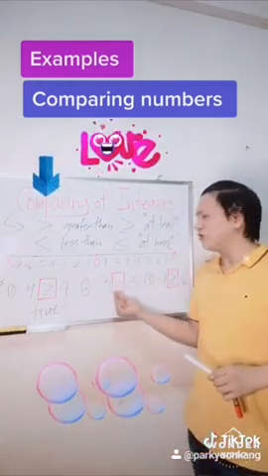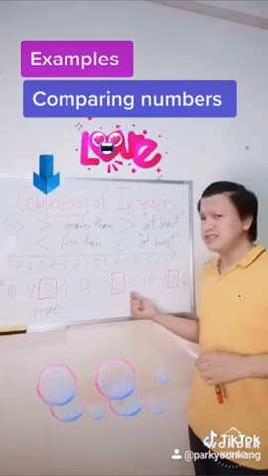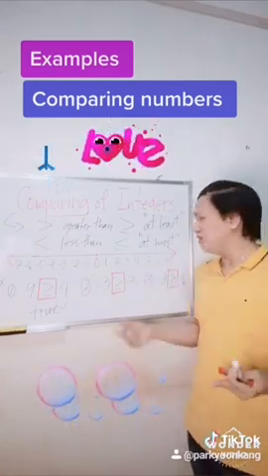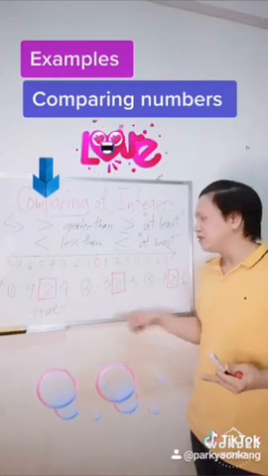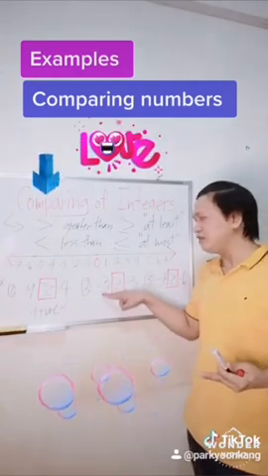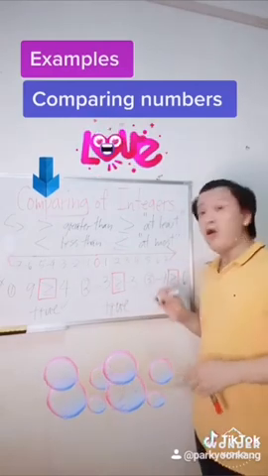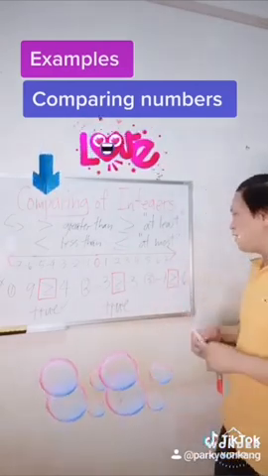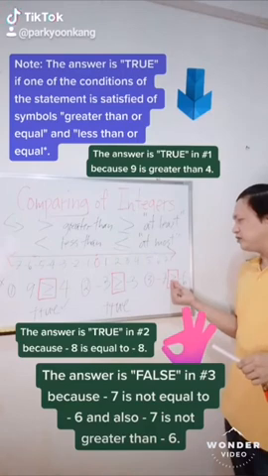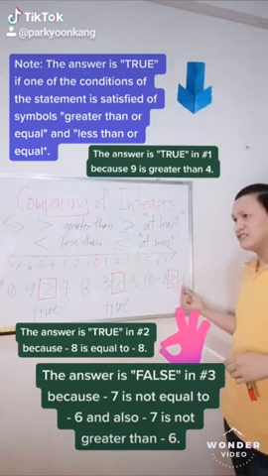Next, how about number 2? Negative 3 is greater than or equal to negative 3. Since there are two conditions, kung hindi siya greater than, equal siya. So, since equal to, meaning yung negative 3 ay equal sa negative 3. This is simply true also. How about number 3? Negative 7 is greater than or equal to negative 6.